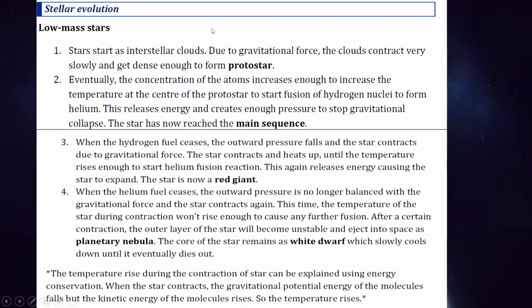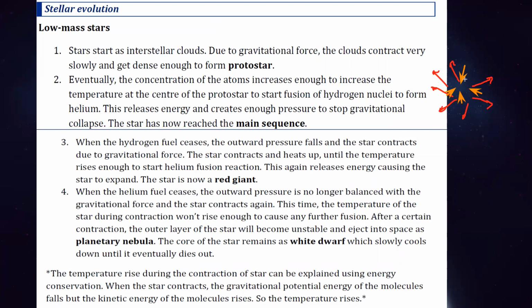When the hydrogen fuel ceases, the outward pressure falls, because there is a limit to the hydrogen atoms present. As the number of hydrogen atoms decreases, the rate of fusion of hydrogen decreases, so outward pressure decreases. The radiation pressure is outward for the star, and the gravitational force is inward.